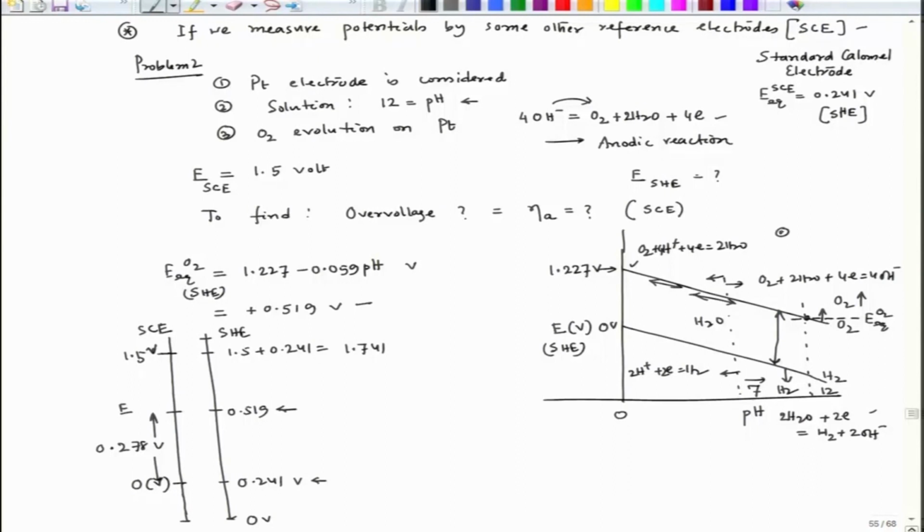Now, we have to find out the polarization with reference to standard calomel electrode.